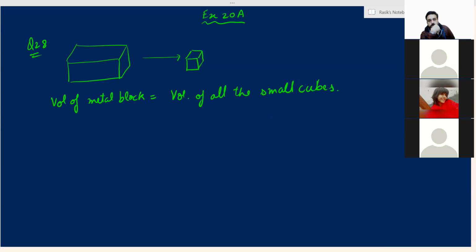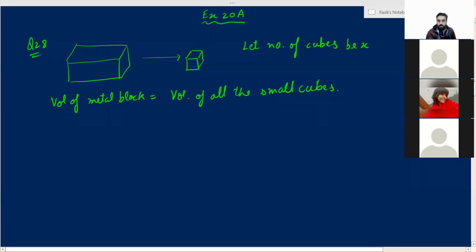These cubes are made of the material which was obtained by melting the metal block. First we melted the metal block and then we made small cubes. So the volume will remain the same. This concept can be used to find the number of cubes that we have made. So let the number of cubes be x.